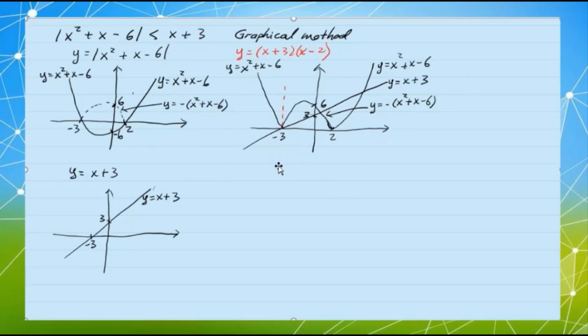From the diagram, we can see that there are 3 intersection points between the quadratic and the linear. Now we need to find the values of x for these intersection points. The first intersection point is between y equals x plus 3 and the curve y equals negative x squared plus x minus 6.